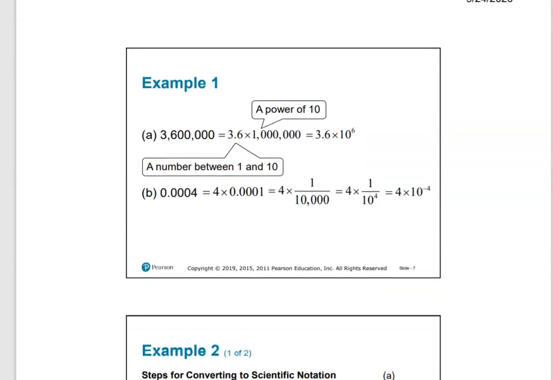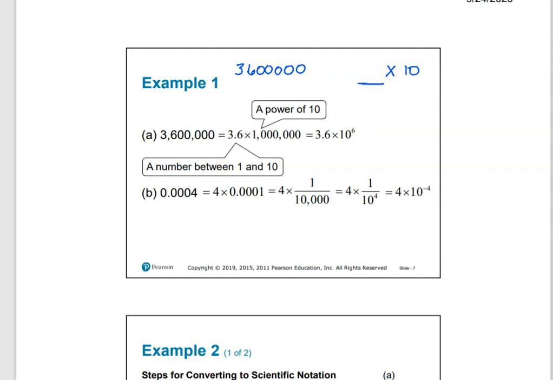So if we want to follow this example, we've got 3,600,000. What we want to do is start with our number, and keep in mind that you want the number in the front. When we're writing times 10, this number in the front has to be at least 1 and smaller than 10.